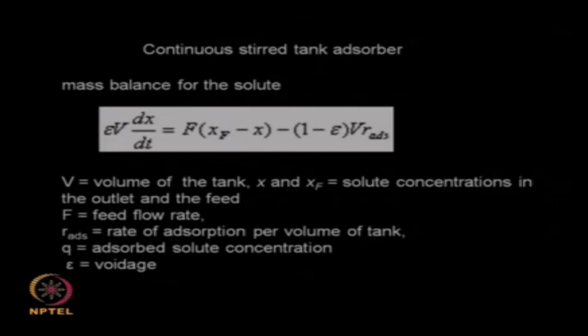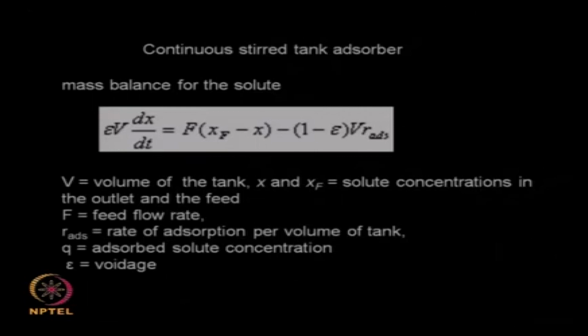Again you have to do a mass balance: solute in minus solute out minus solute adsorbed is equal to accumulation. This is the solute in, F is the flow rate of the slurry or the broth or the medium which contains your solute or the adsorbate at a concentration of xf.